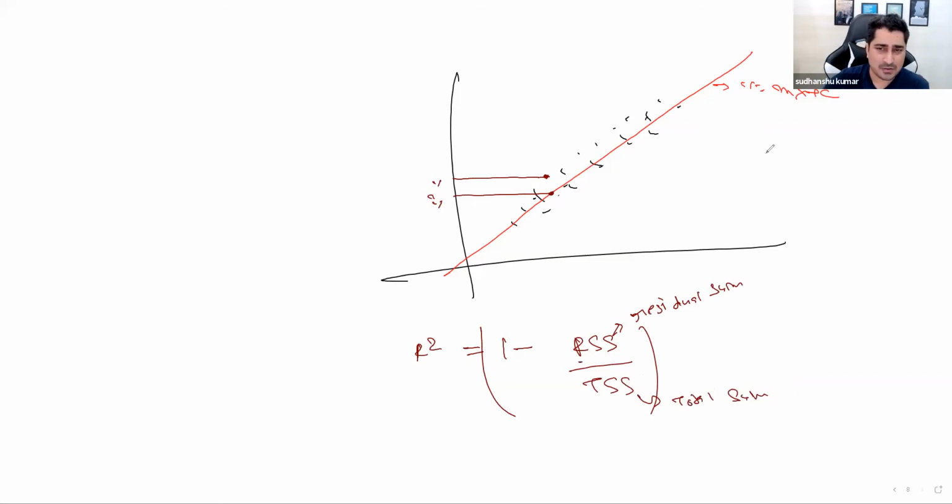Now, what is RSS? Let's suppose for these data points I have to calculate RSS, residual summation of square. Can I say that it will be nothing but this distance, this distance, this distance, this distance?